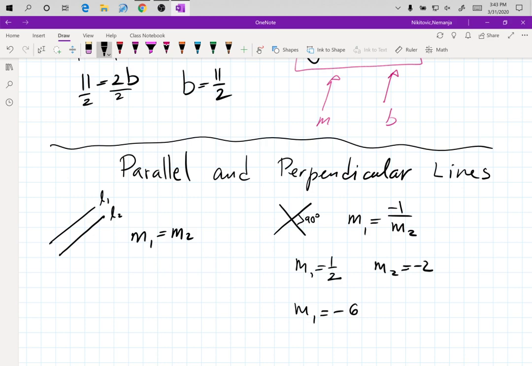Well, first we write 6 over 1, right? So when you flip that, you get 1 over 6, and because it was negative, now it's going to be positive. So if you start with a negative, you will end up with a positive. If you start with a positive, you will end up with a negative. And you always have to flip the fraction. Even if it's a whole number, you can write it as the number over 1, and then you flip it.